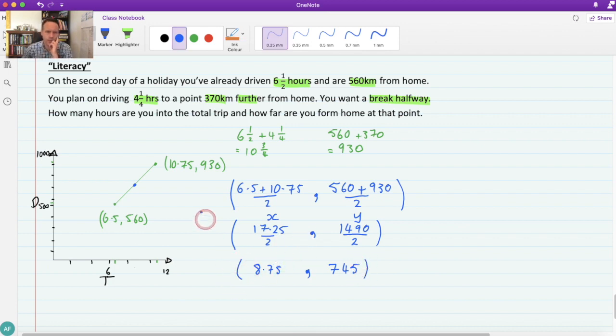Okay, now how many hours? It asks us how many hours and kilometers from home we are. So that's the midpoint, but now we have to put that into the context of the question.